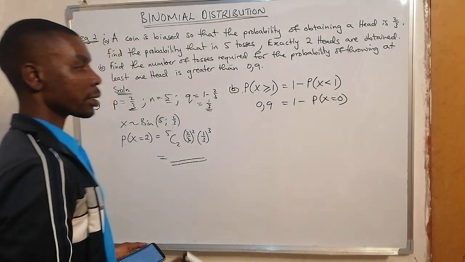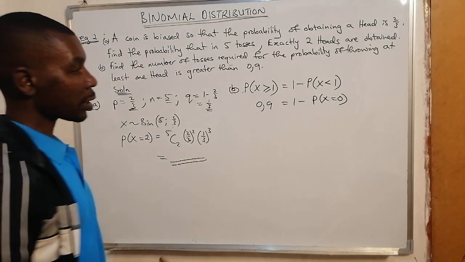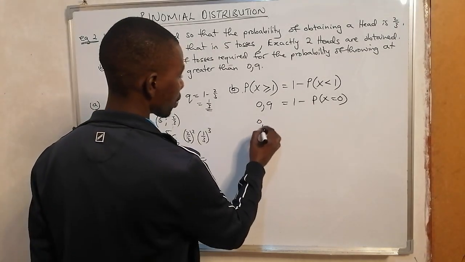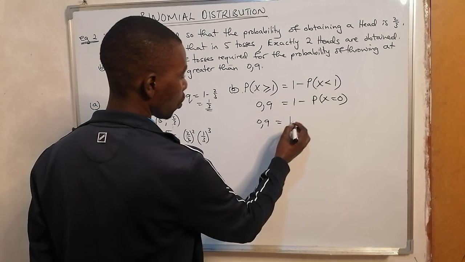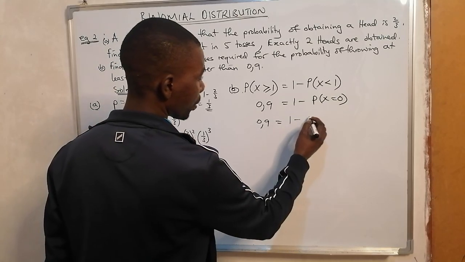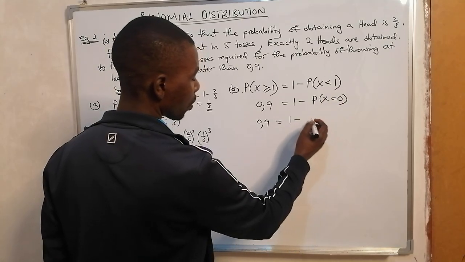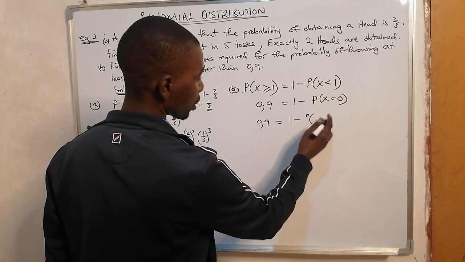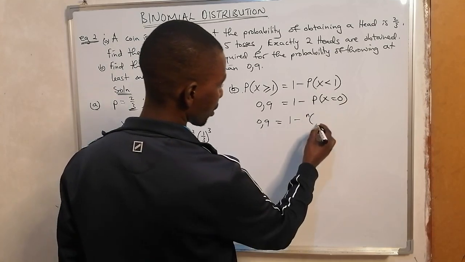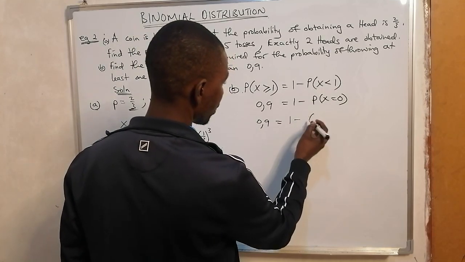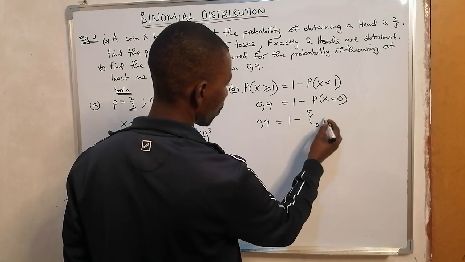Remember, x is less than 1 is the same as x equals 0. Therefore, 0.9 is equal to 1 minus P of x equals 0, which is n choose 0.